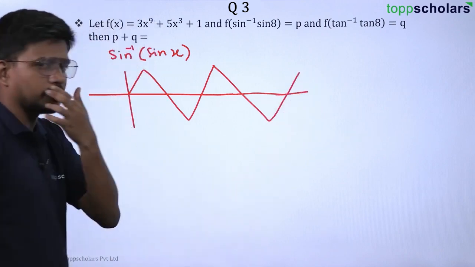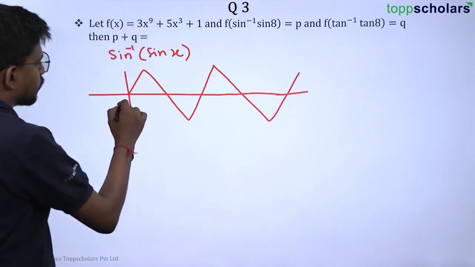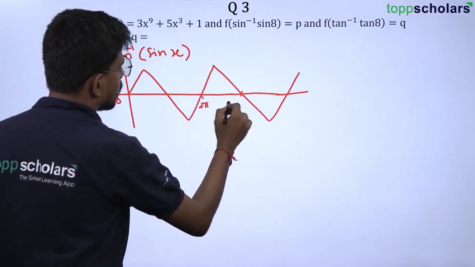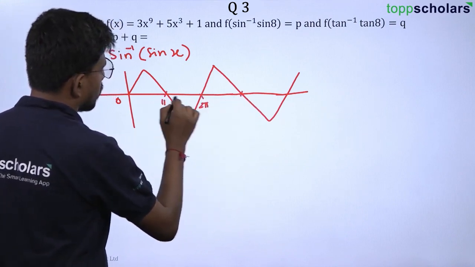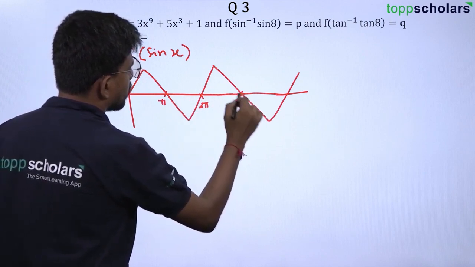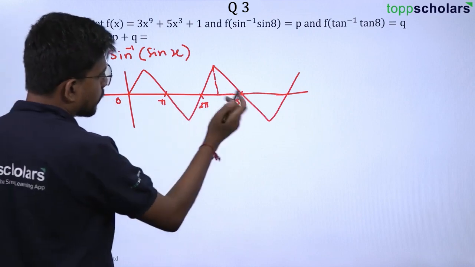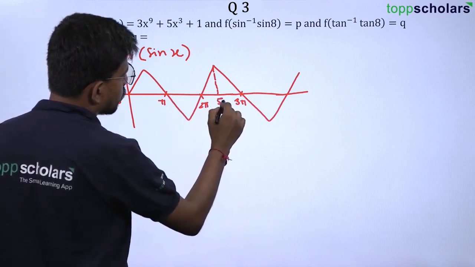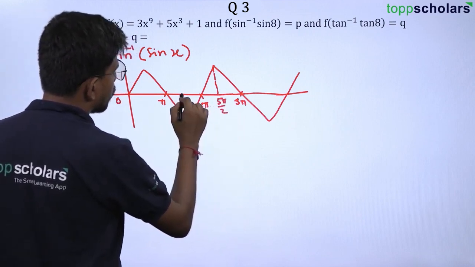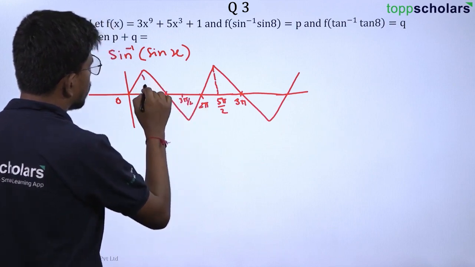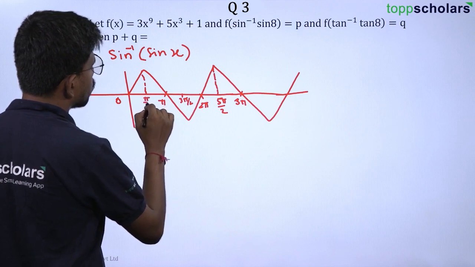It starts from 0, goes to pi by 2, then 2 pi, then over here it is pi, then over here it is 3 pi, then over here it will be 2 pi plus pi by 2, 5 pi by 2. Okay, then over here it is 3 pi by 2, over here it is pi by 2, and so on.